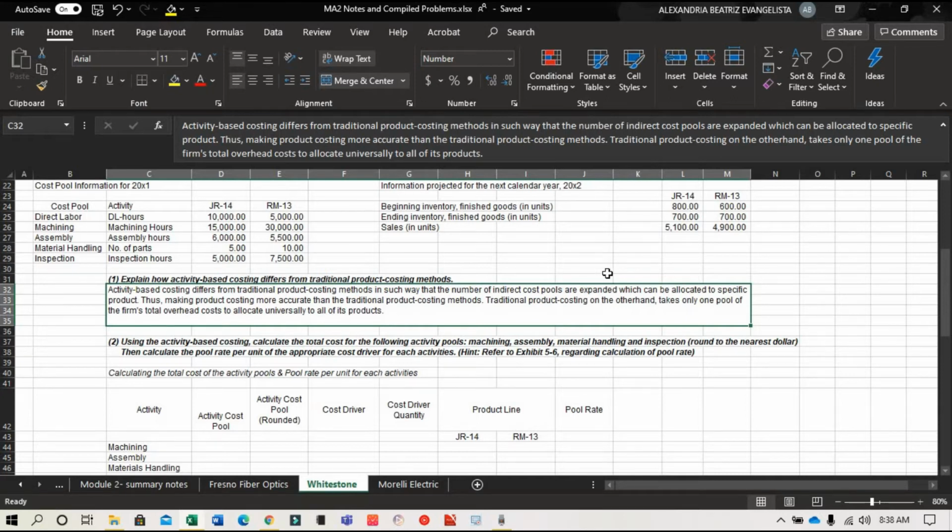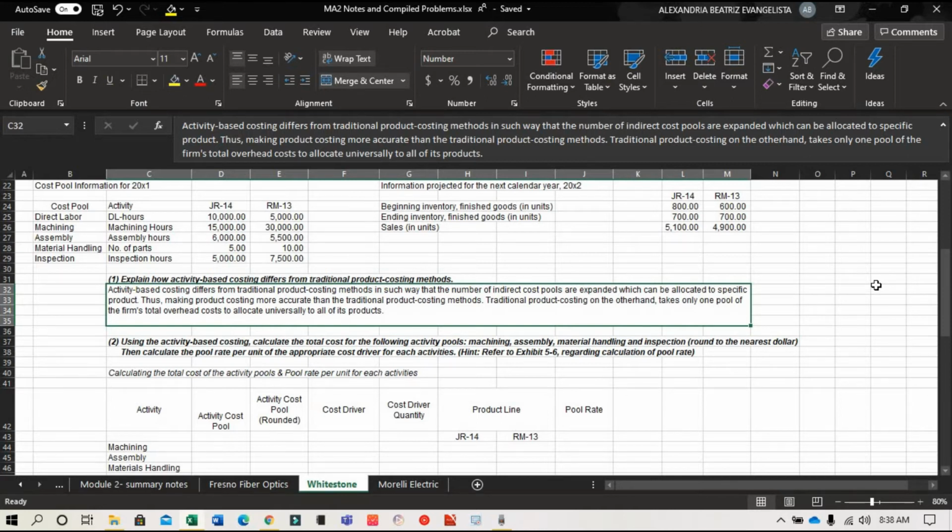Activity-based costing differs in such a way that the number of indirect pools is expanded, which can be allocated to specific products, thus making product costing more accurate than the traditional product costing method. Traditional product costing, on the other hand, takes only one pool of the firm's total overhead costs to allocate universally to all of its products.